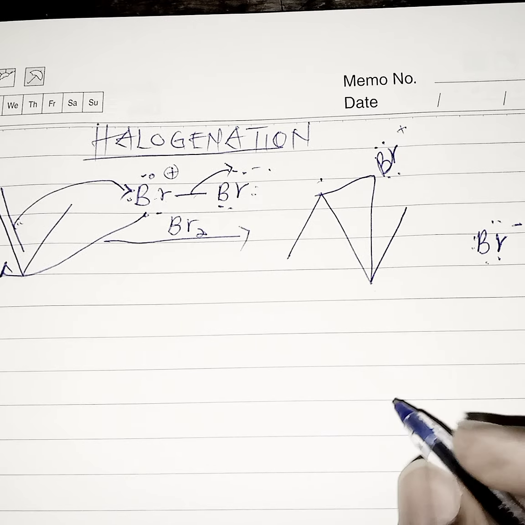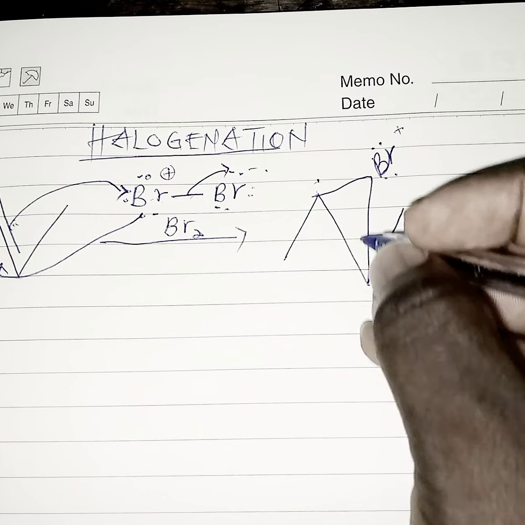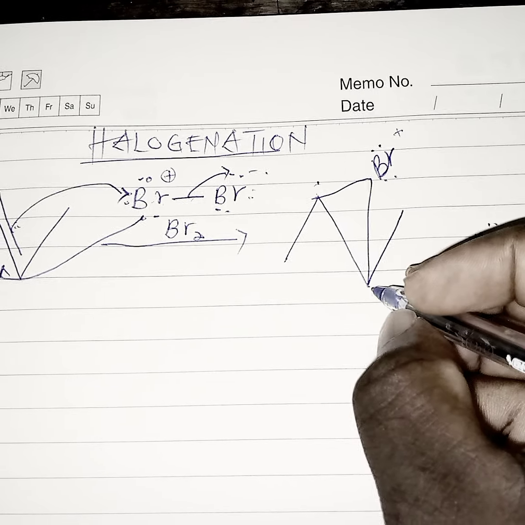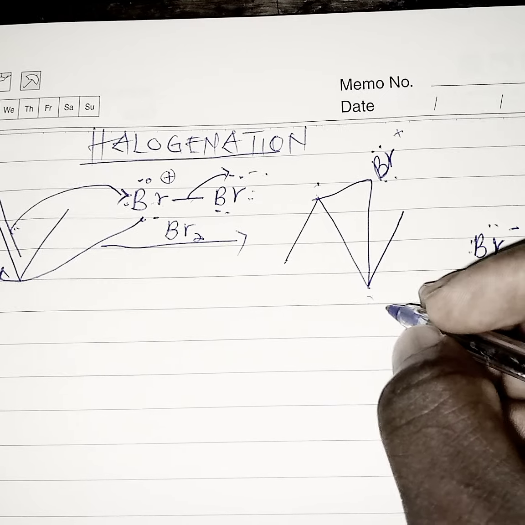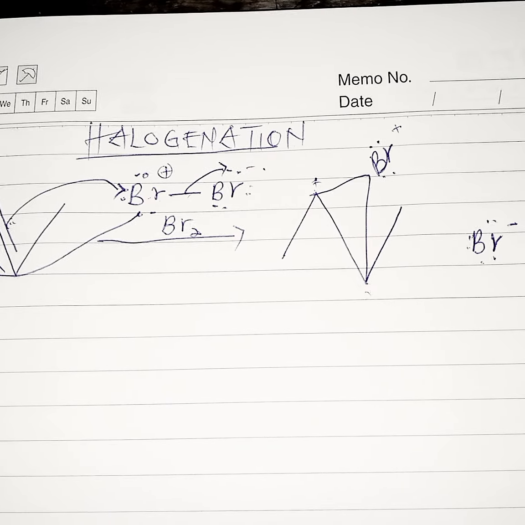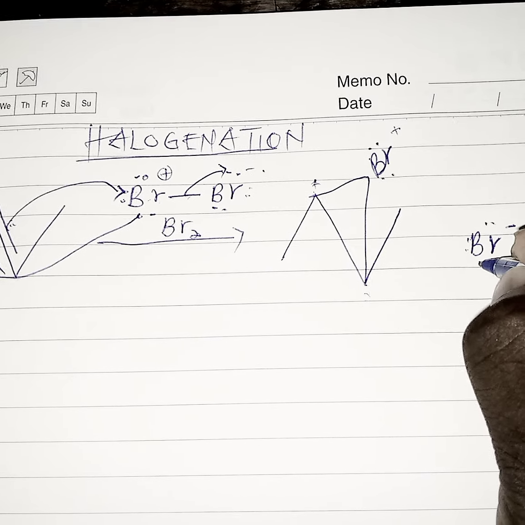It will attach itself to either here or here. We have to take into consideration the carbon here. This is a secondary carbocation, and this one is also a secondary carbocation. So anyway, it has to attach itself to one.